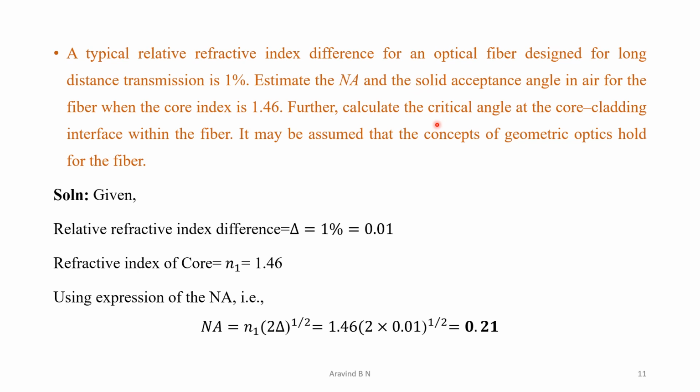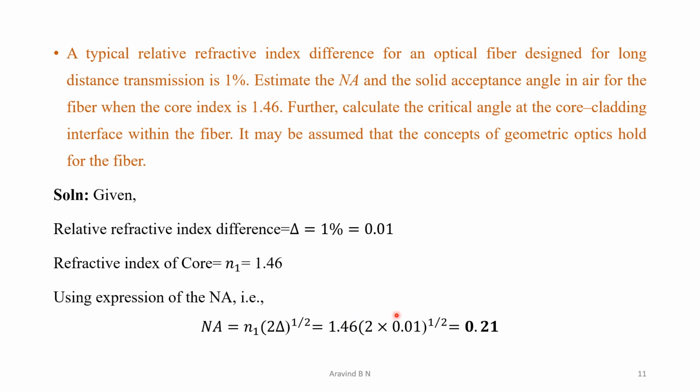Start with the numerical aperture. The formula is n1 into (2 delta) to the power of 1 by 2. n1 is a known parameter, delta is a known parameter. Make the substitution and we get the numerical aperture as 0.21.